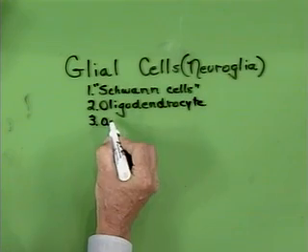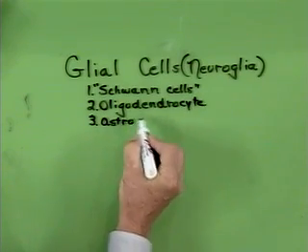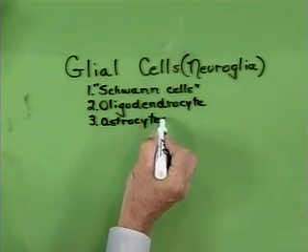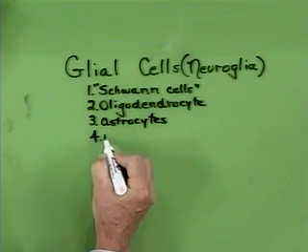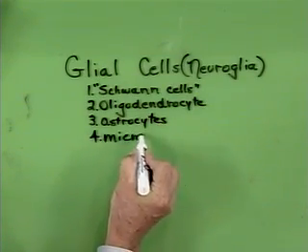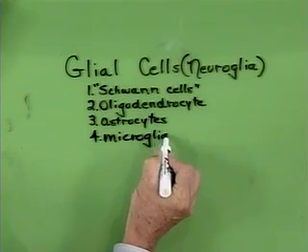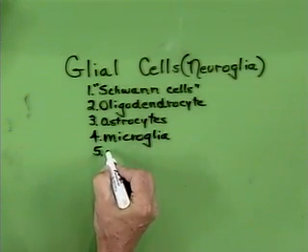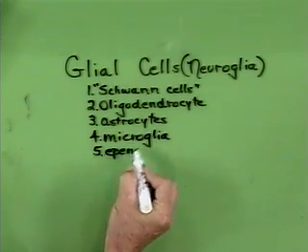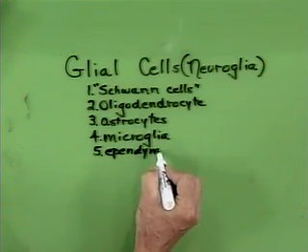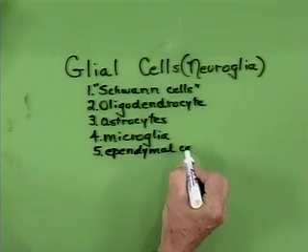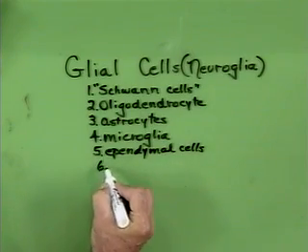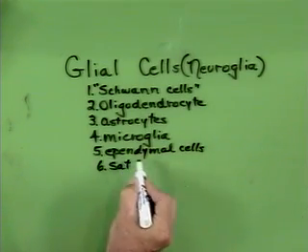And then we've got astrocytes, microglia, ependymal cells, and finally, satellite cells.